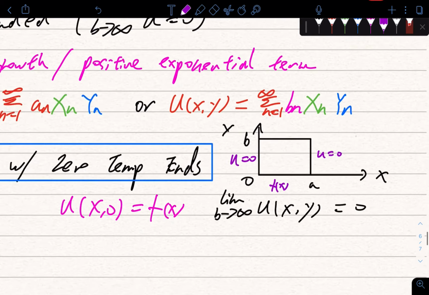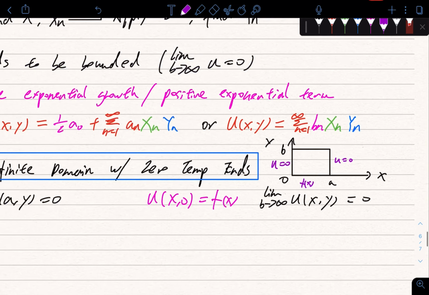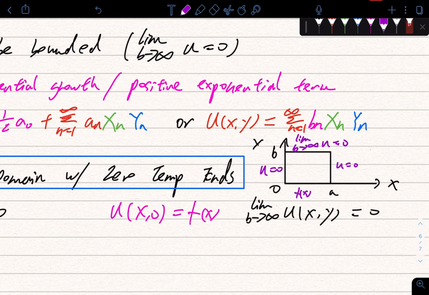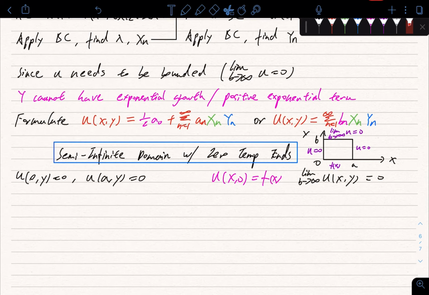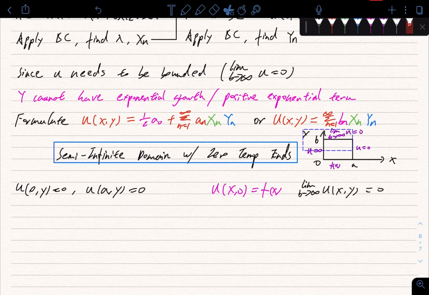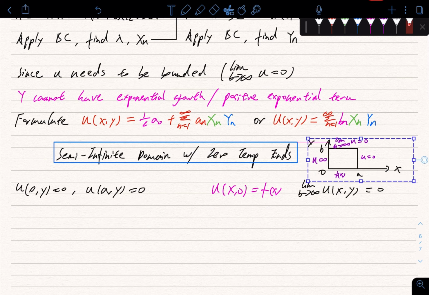And the last boundary condition tells us that the limit as y approaches infinity, u equals 0. This is the boundary condition that we're given. Actually, let me move this down just a touch, for better organization.